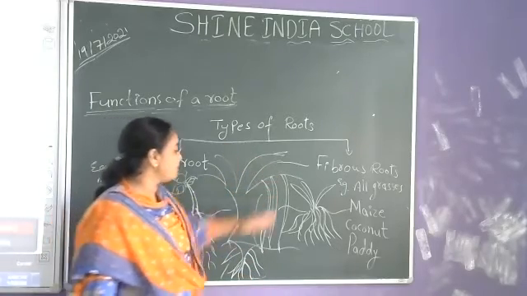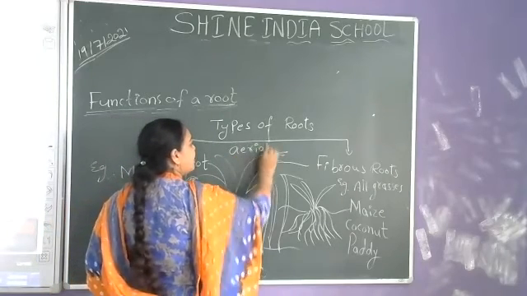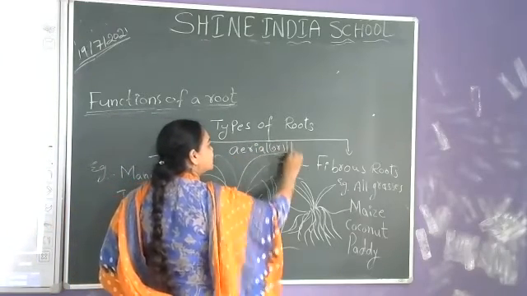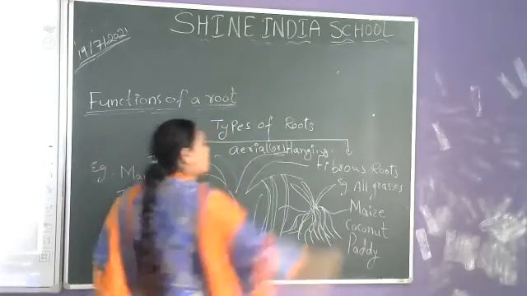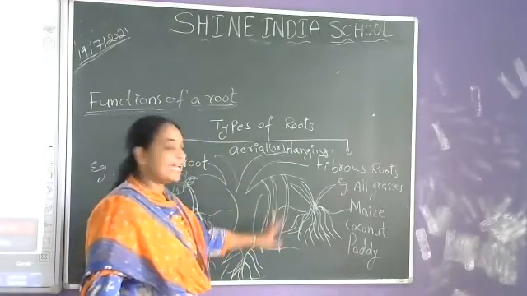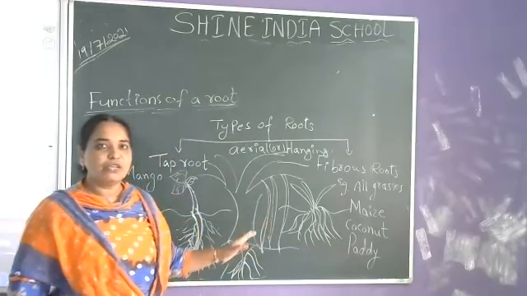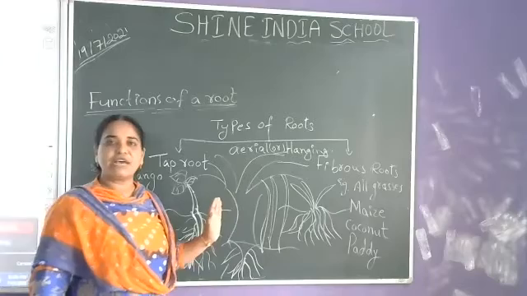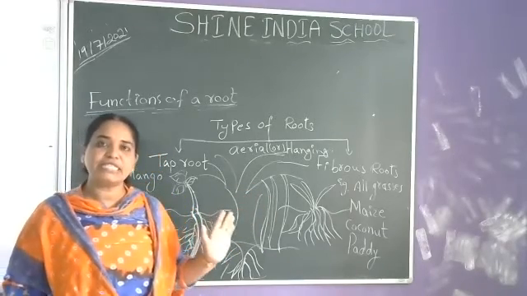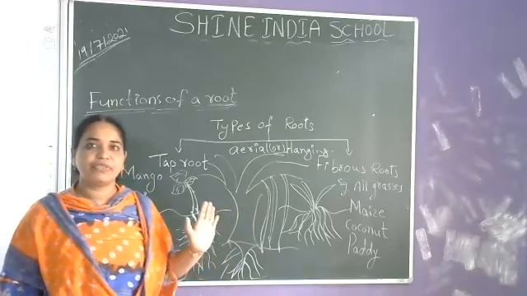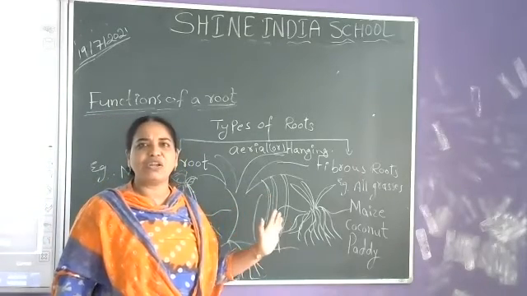What is the function of these aerial or hanging roots? If you observe a banyan tree, it has very long, big branches. Those branches need support, because these are very big and long branches.